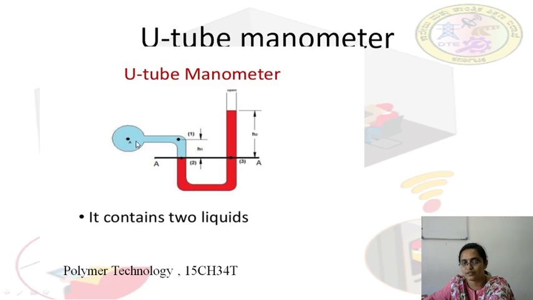At point A the pressure is to be noted, AA is the datum line, and the tube contains a manometric fluid. One end is open to the atmosphere. H1 is the height of the liquid column above the datum line, and H2 is the height of the manometric fluid.